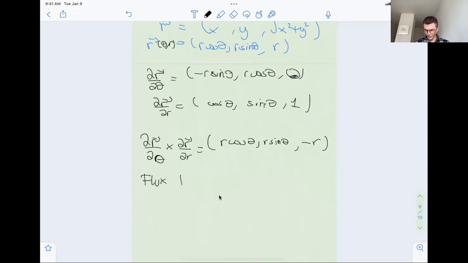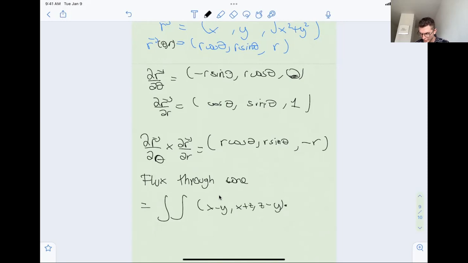So the flux through the cone would be the integral of F, which was x minus y, x plus z, z minus y, dot this cross product.